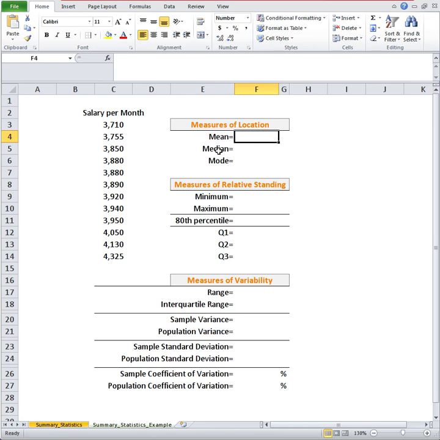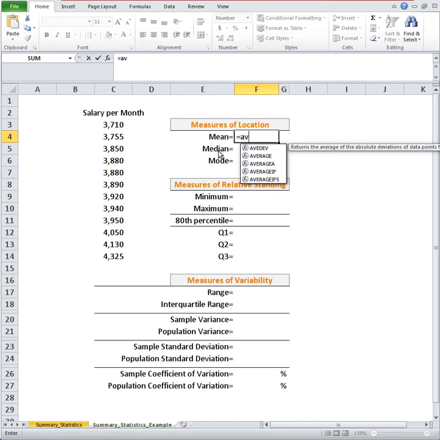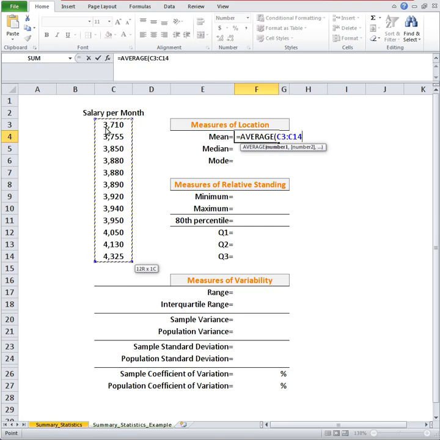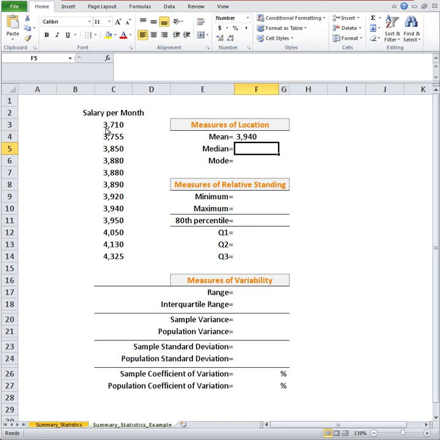So to get the mean, what we need to do is to use the formula average, and this formula will need the information of the cells where the data are collected. So that's going to be C3 to C14, and when I hit enter I get the mean.